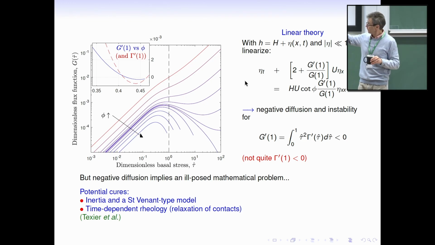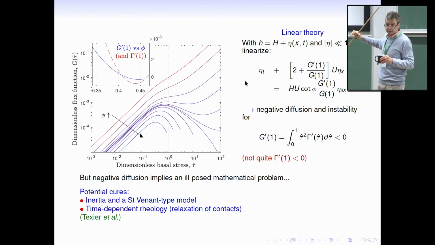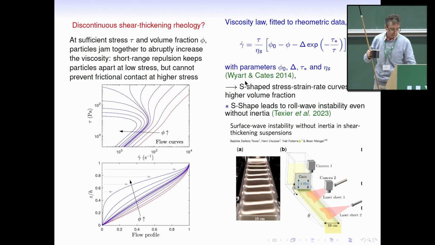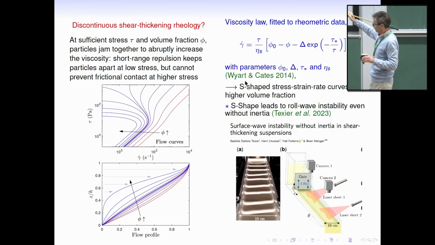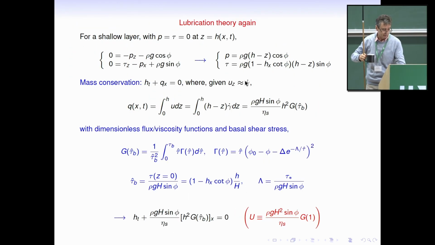That was one problem, but this is even worse because the growth rate's diverging with the wave number. Right, so somehow there's an ill-posed problem here, and there's no wavelength selection mechanism. In fact, one of the things that's completely clear in the experiments is that there's a pretty well-defined wavelength. So there's definitely some open problems here.